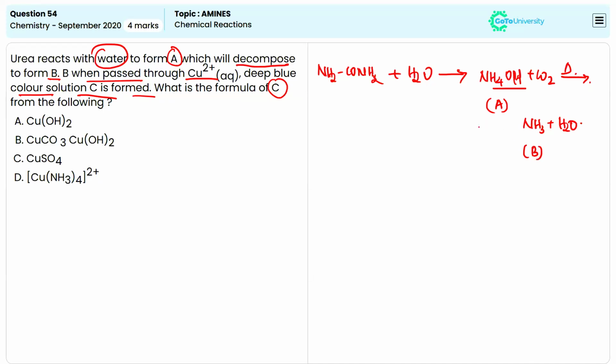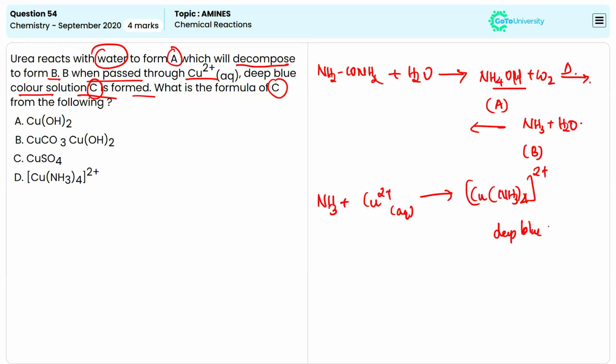Now this B again reacts with CO2 plus aqueous copper ions, producing a deep blue colored solution of C. So this ammonia, which is B, I will write the equation separately. NH3 reacts with aqueous Cu2+ ions in water. They will produce a complex. The complex will be [Cu(NH3)4]2+. So this is the deep blue colored solution.